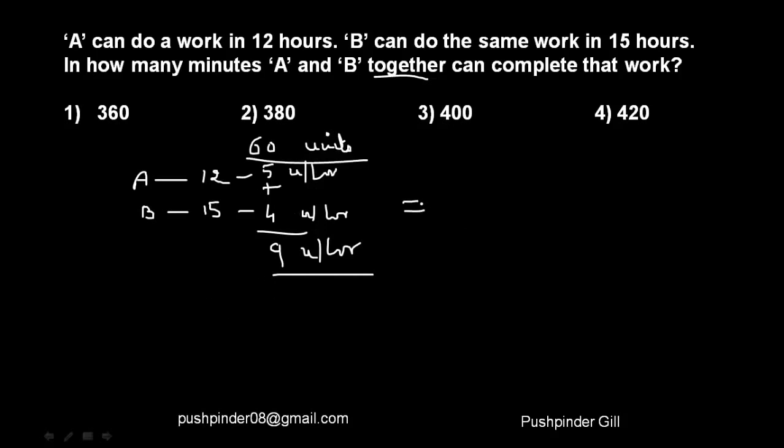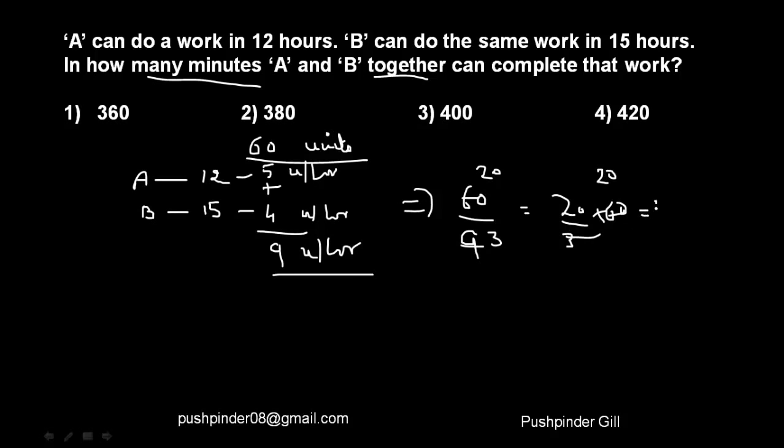That means the time they're going to take to finish the job is 60 by 9 hours, which, if you cut with 3, is 20 by 3 hours. But the question is asking in how many minutes. So to convert hours into minutes, I just need to multiply it by 60 and I get my answer as 400.